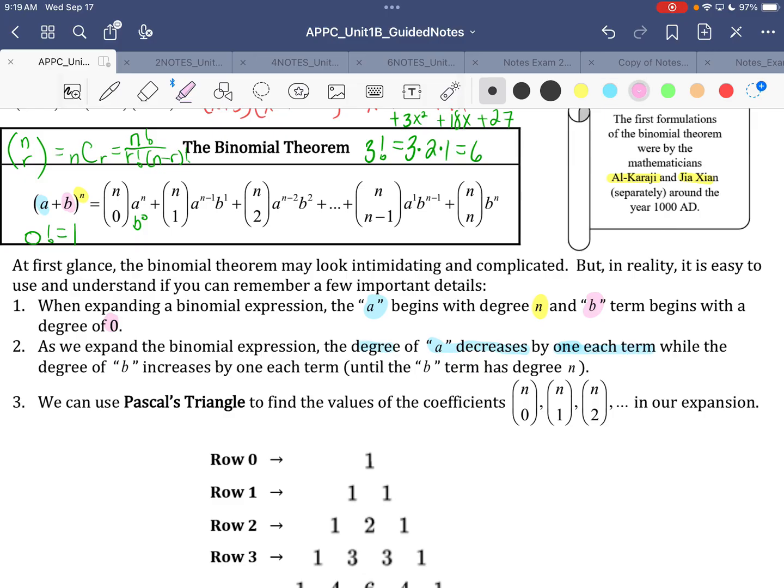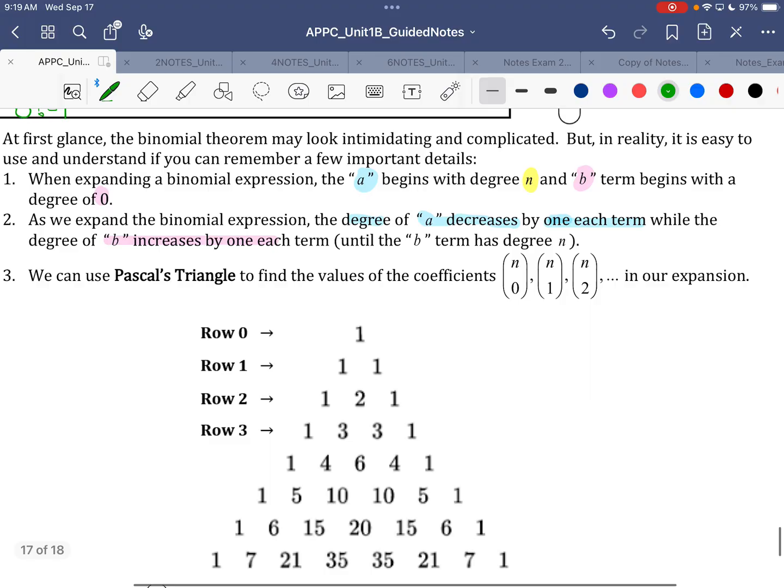And the B term increases by 1 for each term, until B is to the degree of n. You know that you have this written correctly as long as the exponents for A and B add up to whatever n was. All right, so Pascal's triangle.